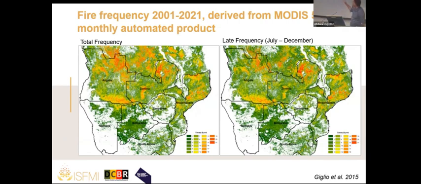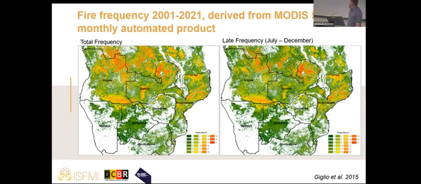Anything that is yellow, there are quite frequent fires, one in 3 years, and it's burning very frequently. And you can see that across Angola, Zambia, Mozambique, northern Botswana, and Zimbabwe, through the top half of Namibia as well. On the right-hand side, it's the frequency of late dry season fires.